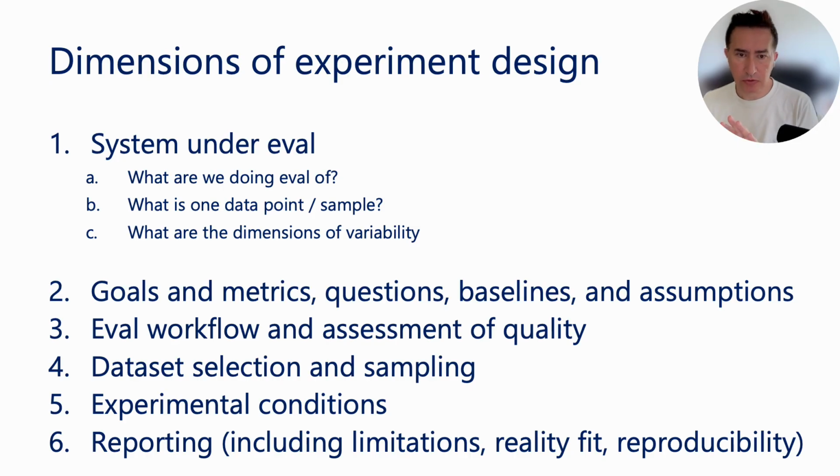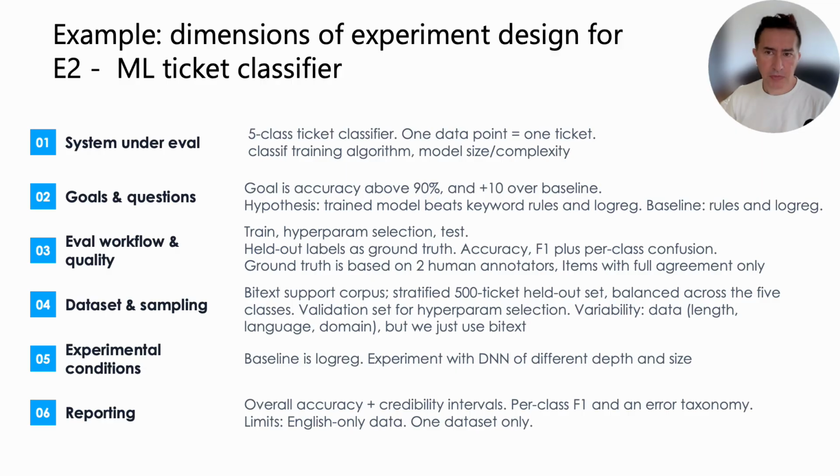Now let's go into each of these dimensions one by one. Before we go through one by one, let me just take one example and walk through all these dimensions. So if we take for a moment as the example our machine learning trained ticket classifier, then in one possible, let's say, design, the system under test is our machine learning classifier.